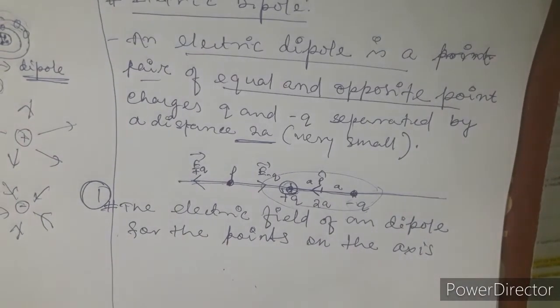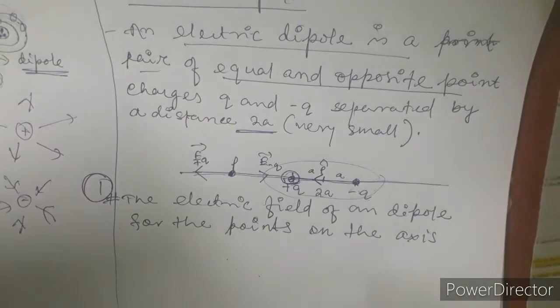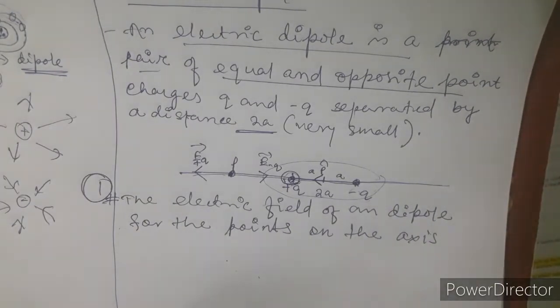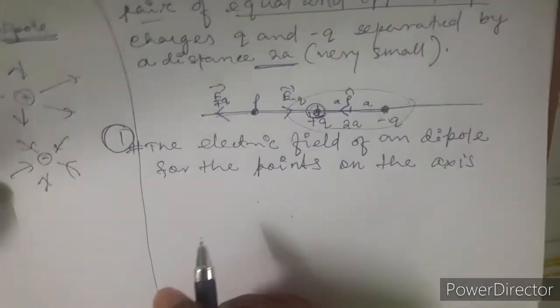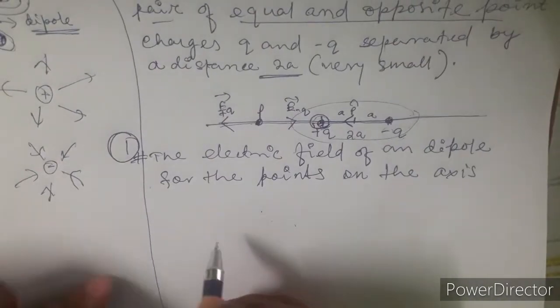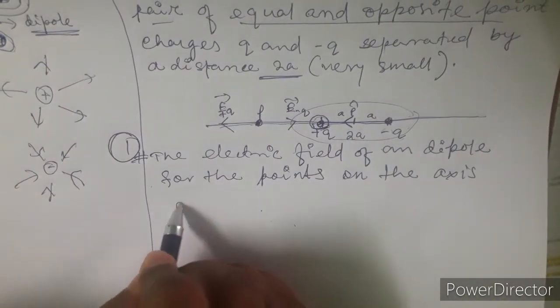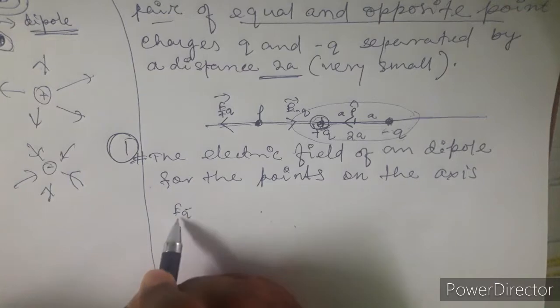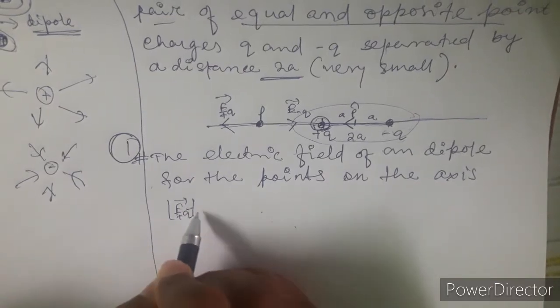So now let us write down the electric field due to plus q charge and minus q charge. What will be the electric field due to plus q charge? Let's write the magnitude.